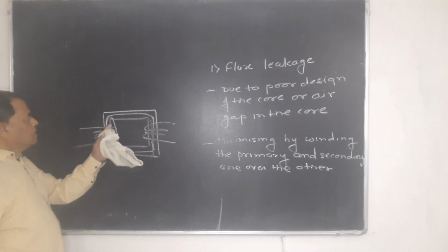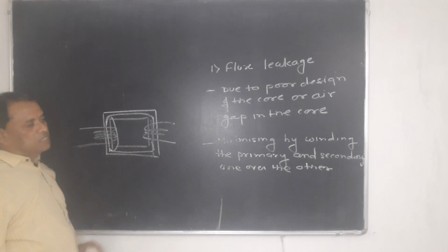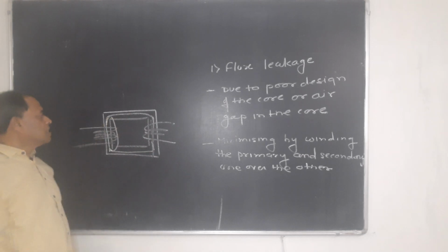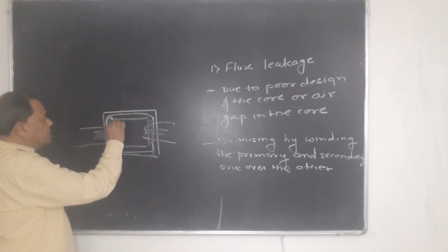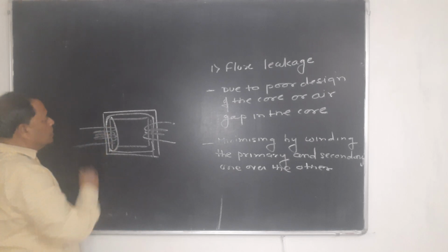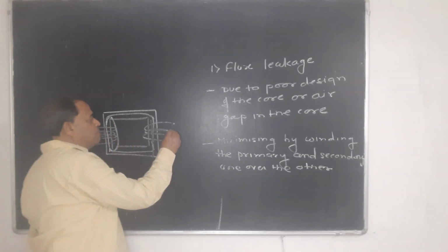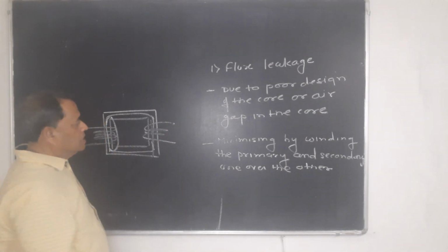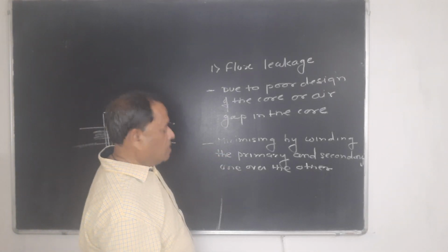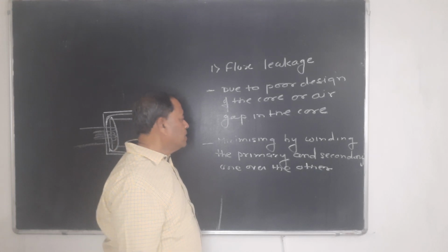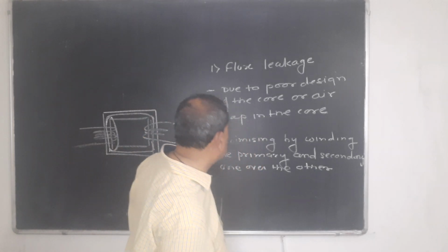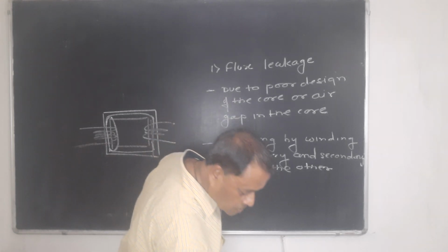Instead of all the flux reaching the secondary and linking here, some leakage is there, and due to this less EMF is induced here. So it can be minimized by winding the primary and the secondary one over the other.